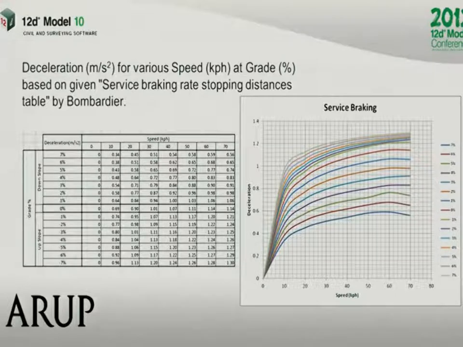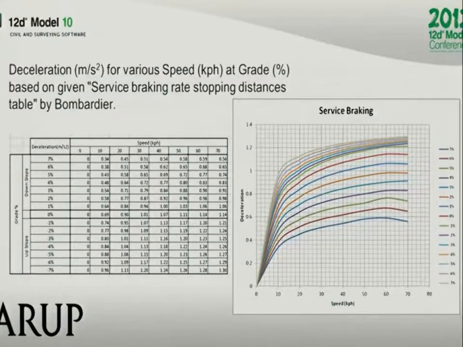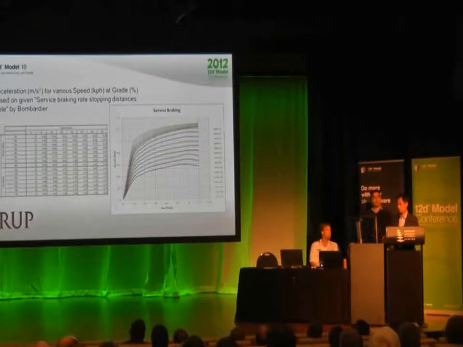We actually get the information like the deceleration tables from the operator, which is Bombardier in this instance, to get the specific characteristics of that particular rolling stock for this project input into the macro, because this deceleration is going to change based on different speed, different gradient.